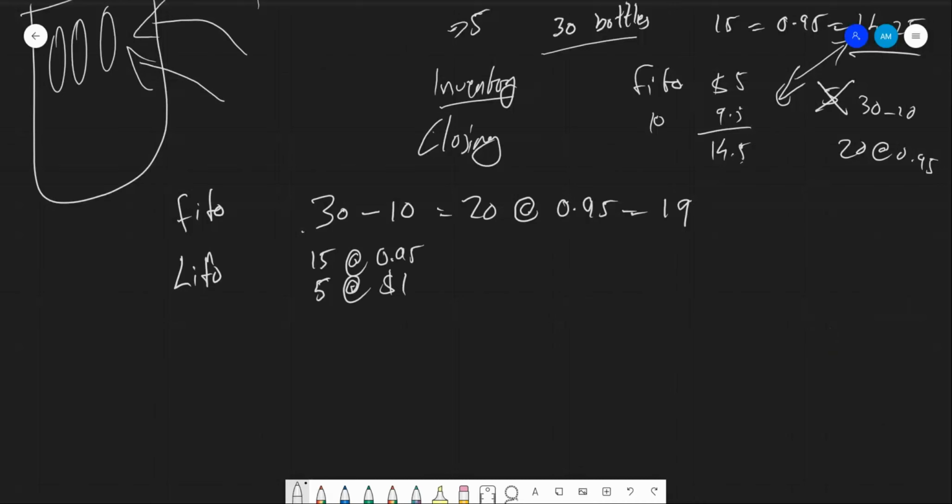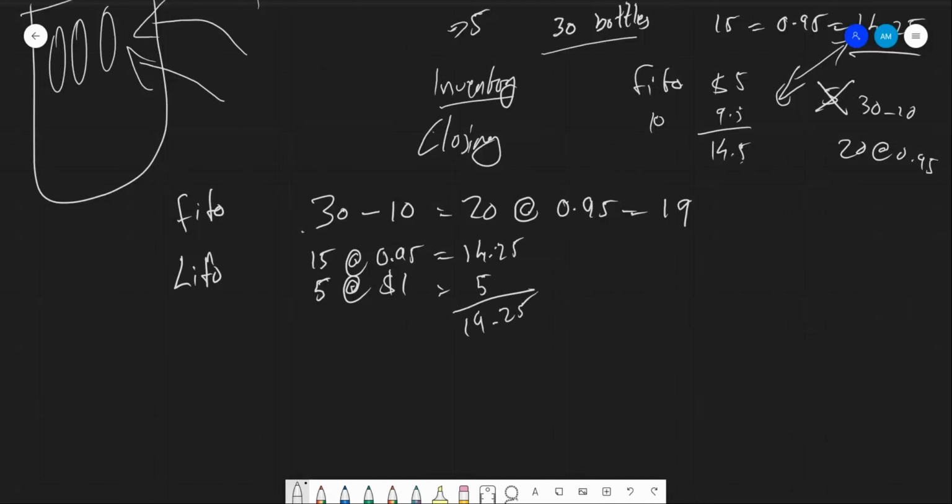So if you were to add these, what's this going to be? 15 times 0.95 is 14.25, and 5 times 1 is obviously 5, so the answer for this is 19.25.